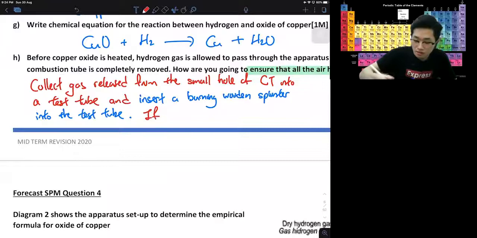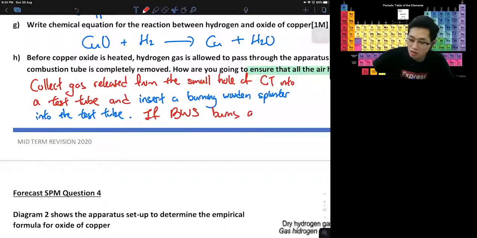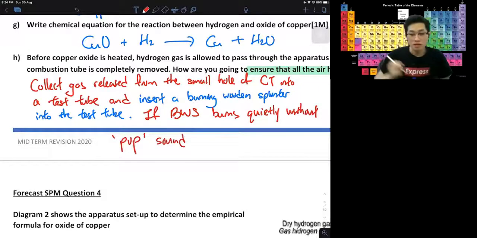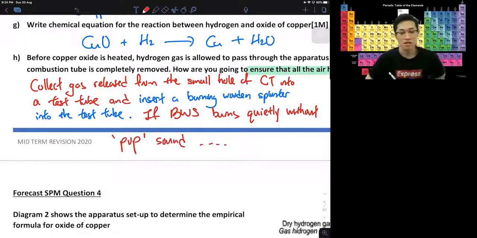If the burning wooden splinter burns quietly without pop sound, then this indicates that all the air has been removed.